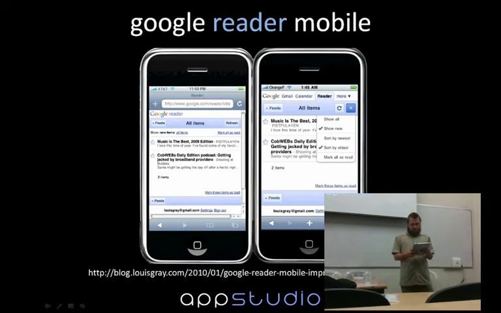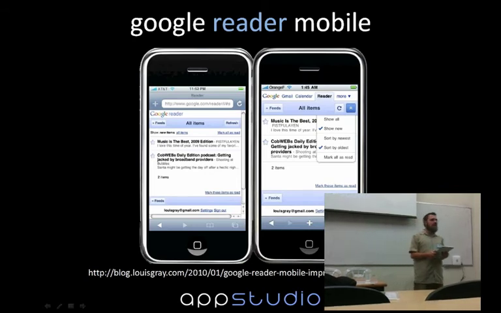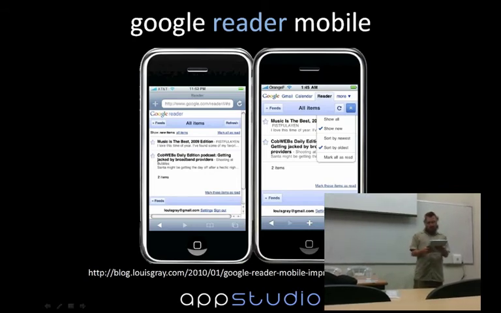Okay, so another option, let's say you've got 5 minutes to make your website mobile capable. You have to defuse the bomb or something like that. So Google Reader is awesome. Google Reader will automatically pull the RSS feed and wrap it in their mobile Google Reader solution.